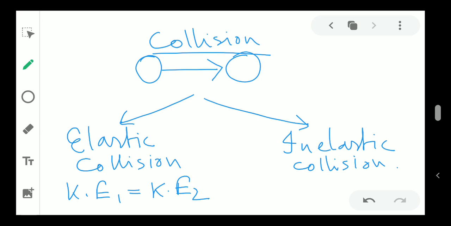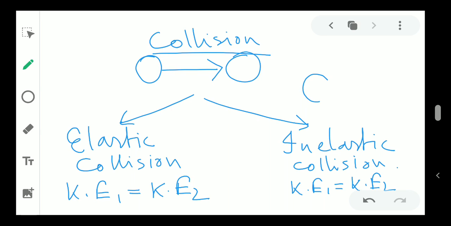Obviously energy will be conserved in both of these cases if you take the whole system, but in the inelastic case kinetic energy initial and kinetic energy final will not be the same. Why? Because this initial kinetic energy will be converted into some other energy, let's say potential energy. Now how? This is the most practical case, the inelastic collision.